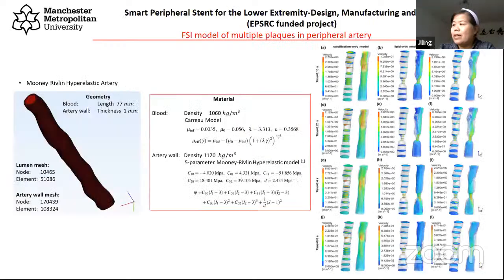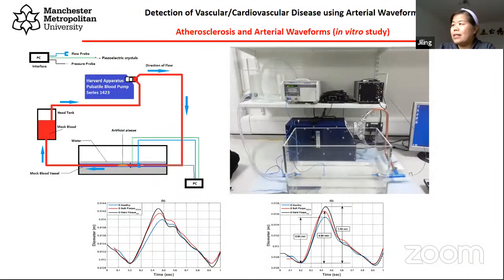Yes, okay, we can go back to here. This is the experimental setting. You can see here is a tank, and that is water. We can use artificial blood, actually, and also we can control the temperature. The temperature could be 37 degrees, and this could be artificial blood or animal blood, a type of fluid that represents the properties of blood.